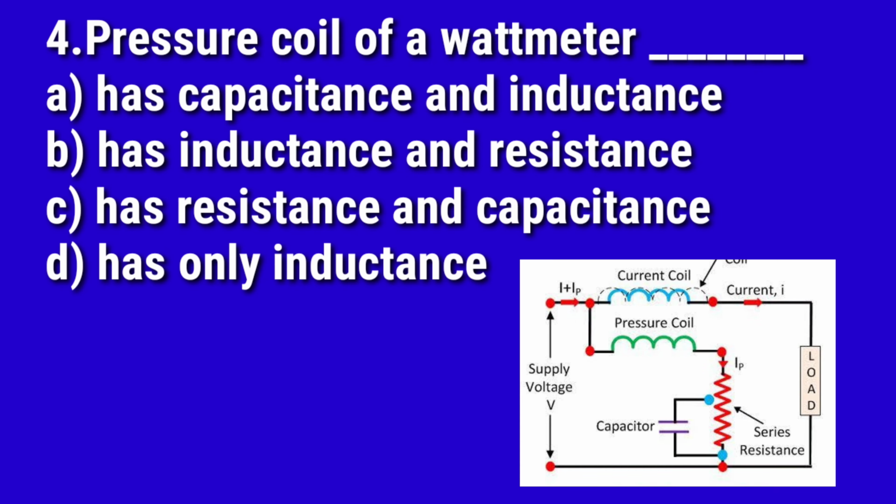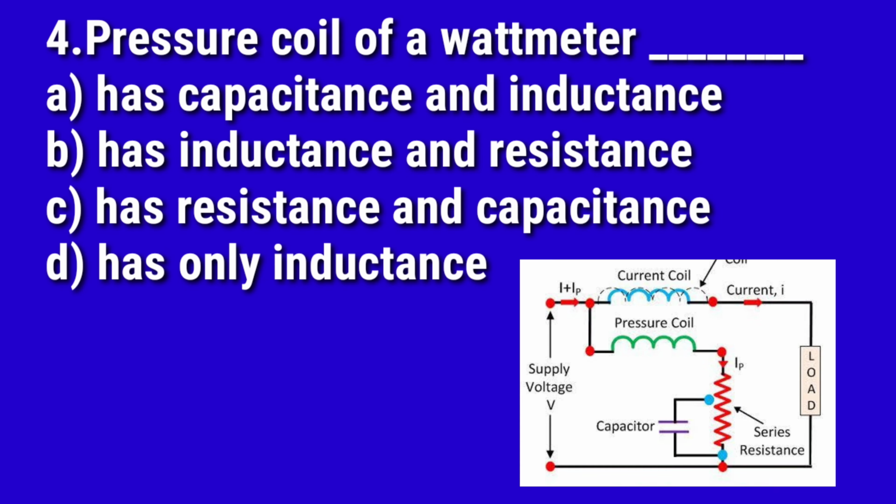A series resistance R consists of inter-turn capacitance. As a result, the pressure coil of a wattmeter consists of capacitance in addition to inductance. Every pressure coil of a wattmeter is connected across the voltage source.